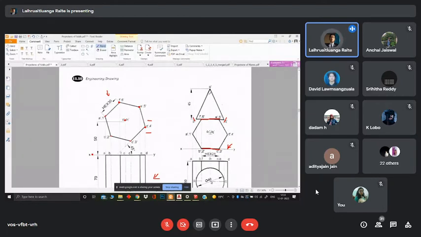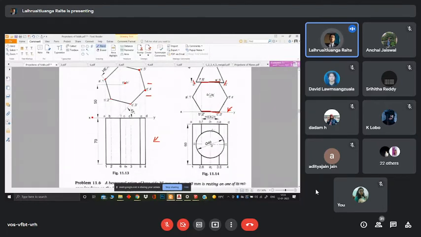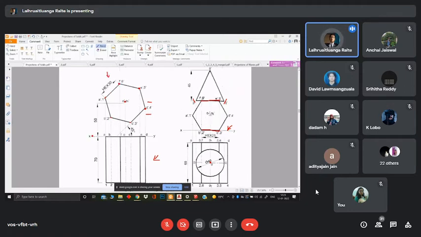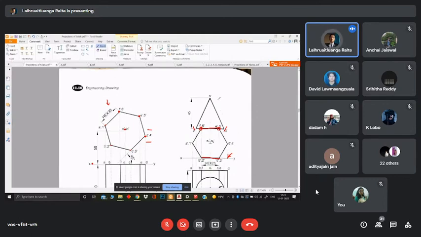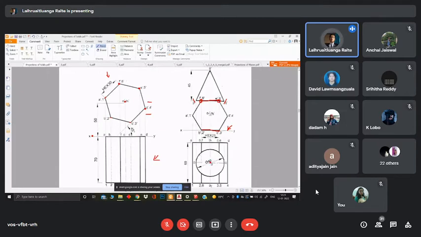And for the top view, we will simply have something like this. A circular base, from the center we have a circle like this, and the top like this. And then beneath this, we are going to have our line. Typically this point is going to be the one that is visible, right? But now, as there is a cone above, we can simply draw this line as an invisible line like this.